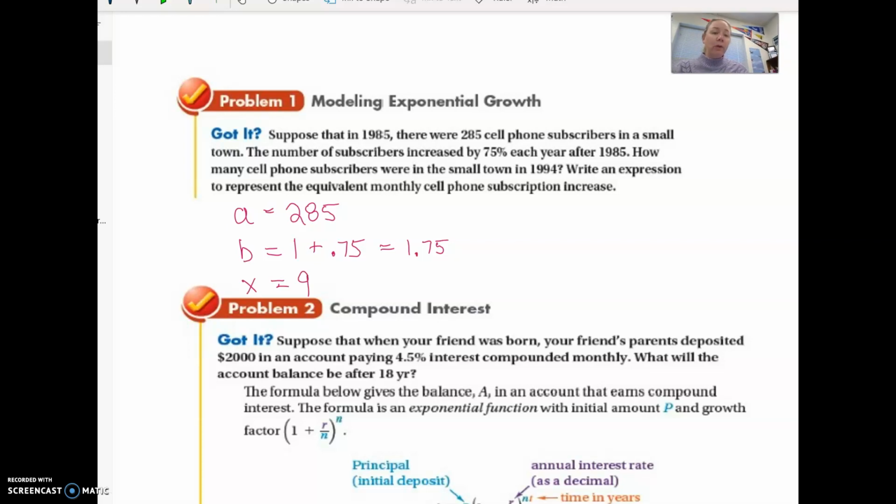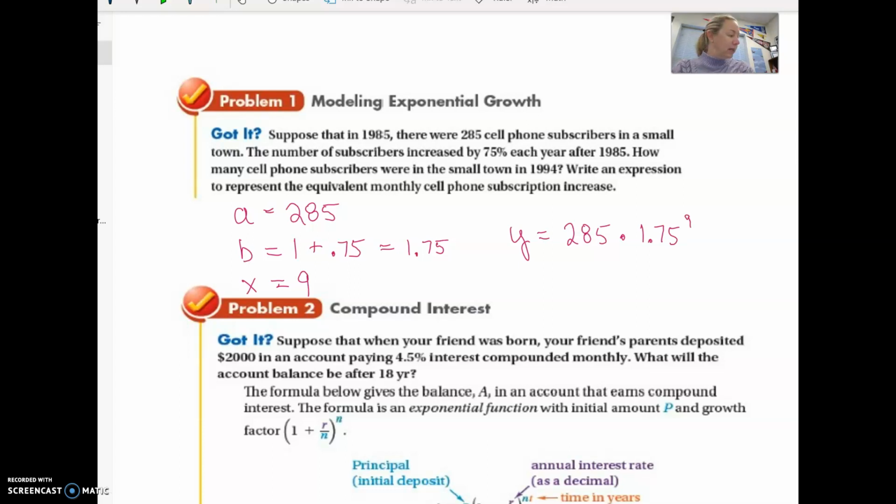So that is going to be our X, a 9-year difference. And then at that point, we're just plugging it into the formula. So we would have Y equals 285, which is A, times our growth factor, 1.75, and then that would be to the 9th power, which represents how many years passed.